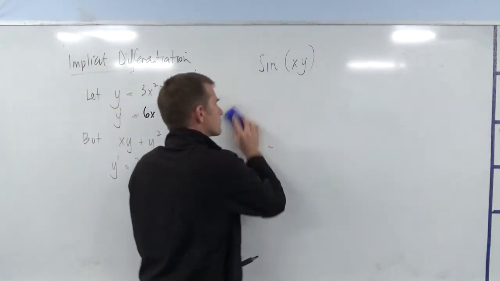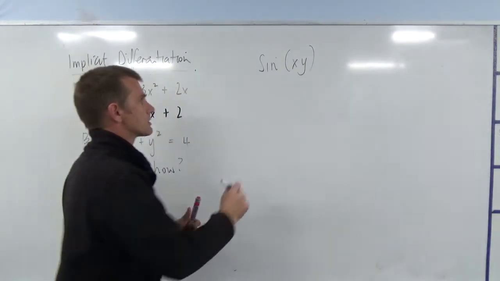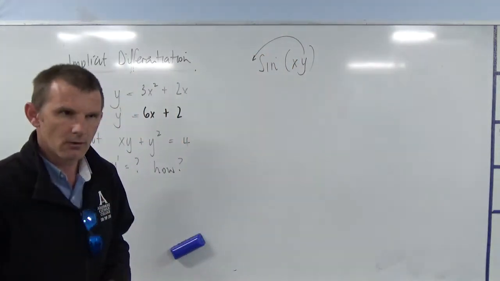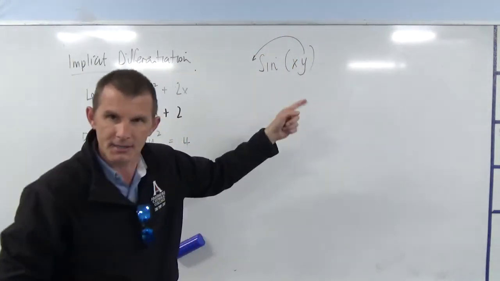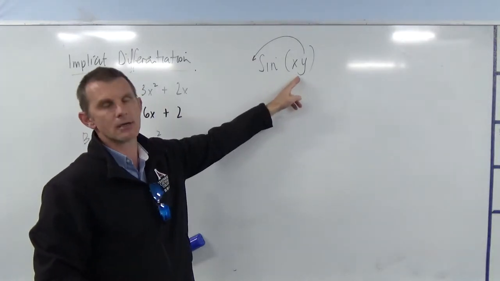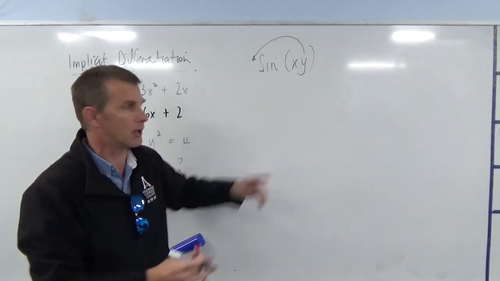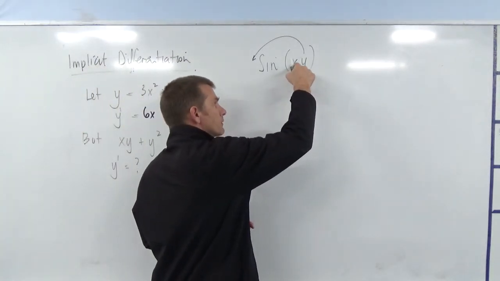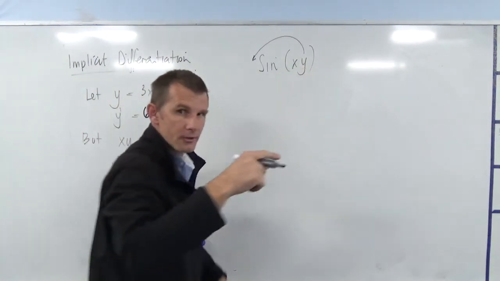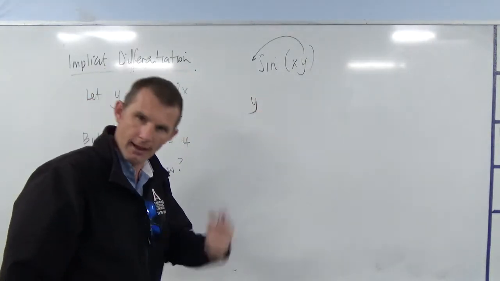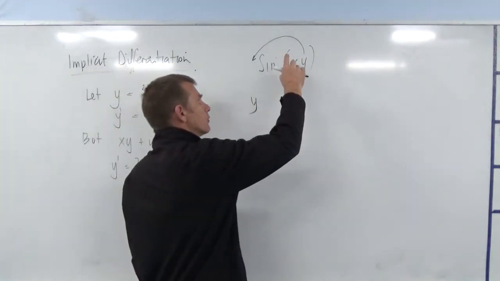I've got to do a bit more. So back up to this one up here, I've got to see that it's the derivative of that that's got to come out front. Now the derivative of that, because it's x and y, has to be implicit. So I have to see that as that's going to be implicit differentiation. Now if you remember from before here, derivative of the first times the second with respect to x is just going to be y. Have a look back and see if you can see.